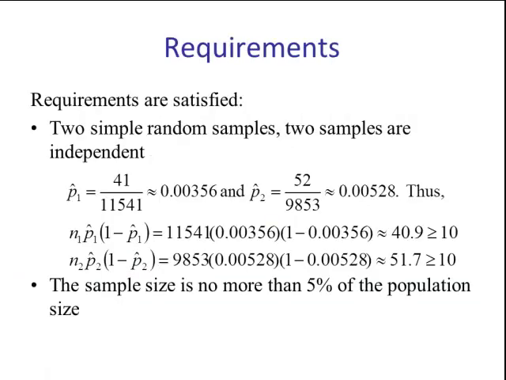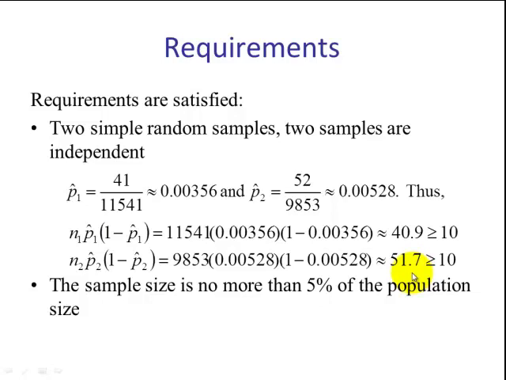Okay, let's check our 3 requirements. 2 simple random samples. The 2 samples are independent. That's a safe assumption. Here's our proportion for the airbags. This is the proportion for the non-airbags. And if we plug in our values for our assumptions, we see that 40.9 is greater than 10, and for our second group, the no airbags, is 51.7.